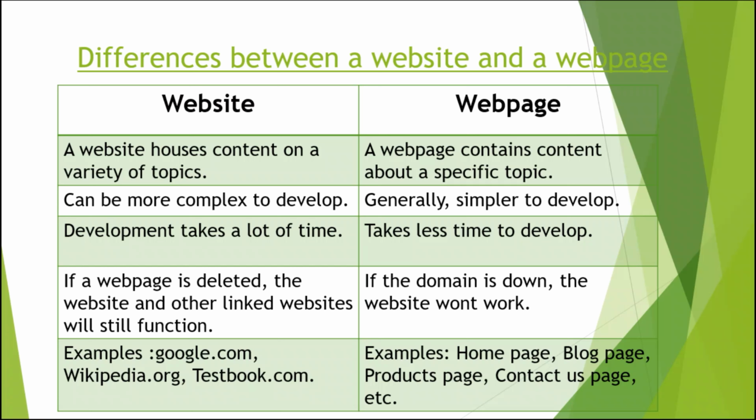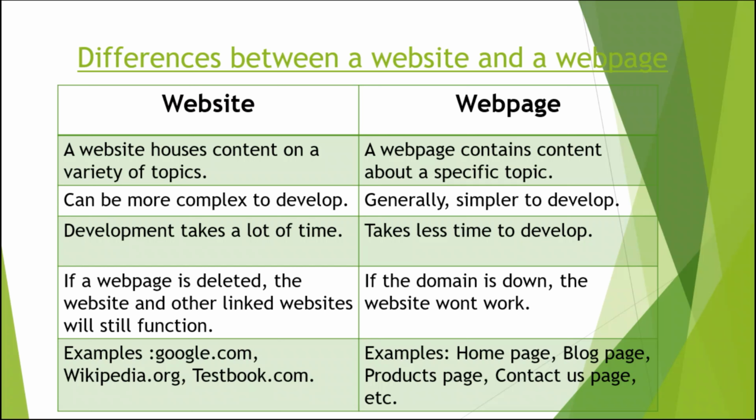You're just going to have a reduced number of items on your website. But for a website, if the domain is down, the website won't work. And the domain is pretty much the main URL of the website. So if even a single letter is removed from the domain name, the website won't work.